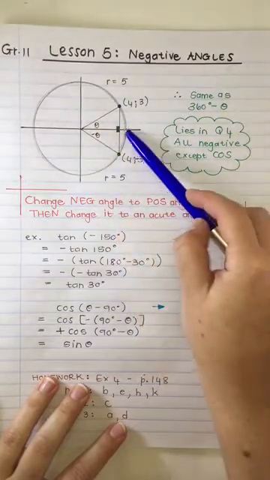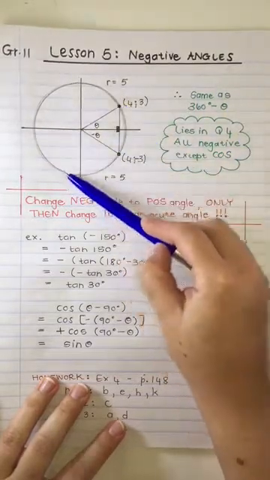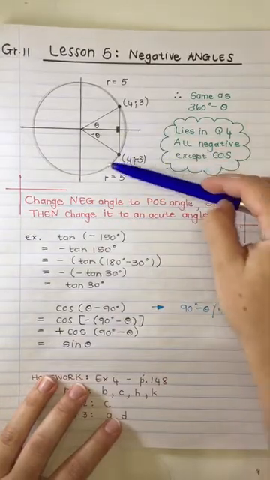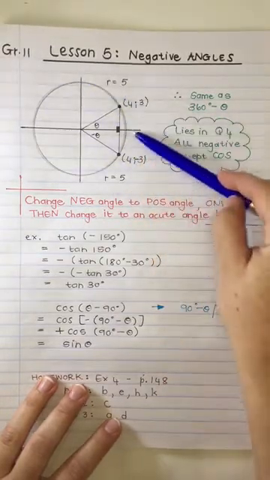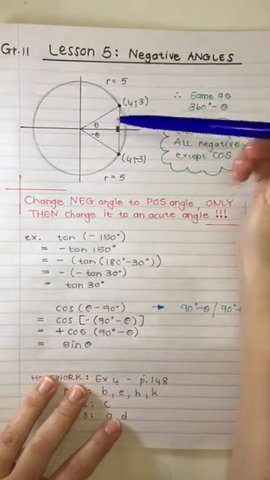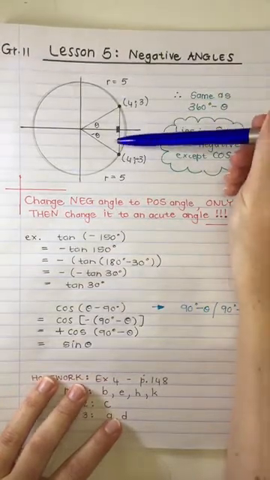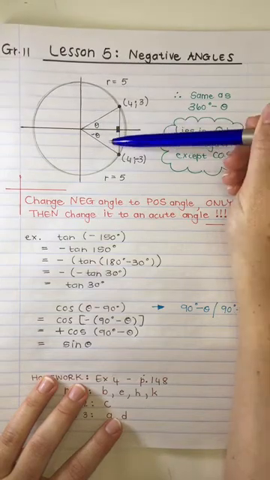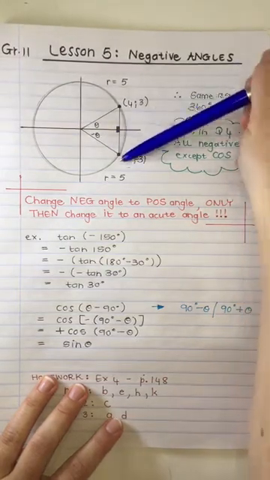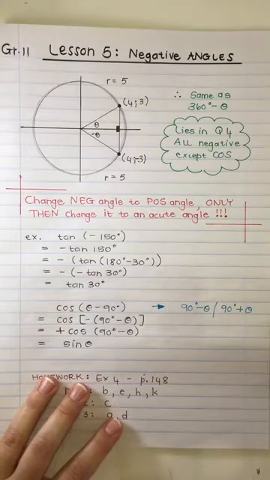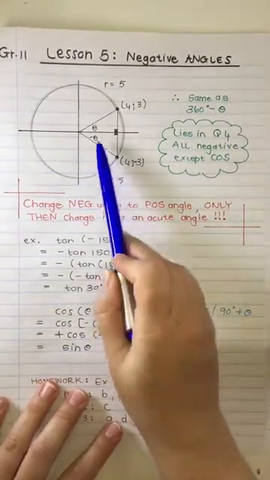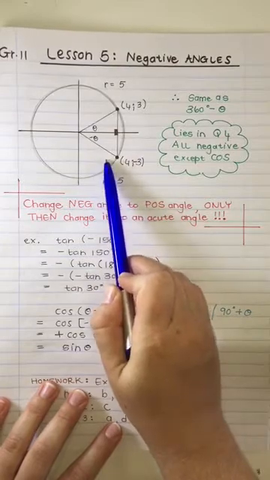The point is when we go up and around, we have positive angles, and when we go around like that, we have a negative angle. So here you can see that this is exactly that one, just the negative angle, because we worked that way. Remember, this one falls in the fourth quadrant.